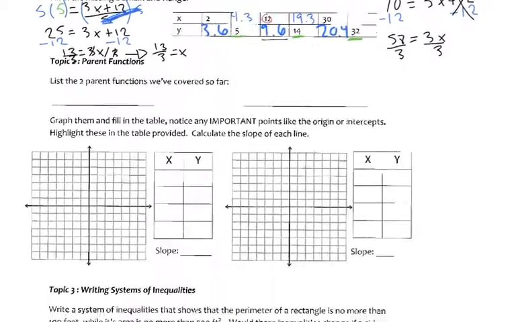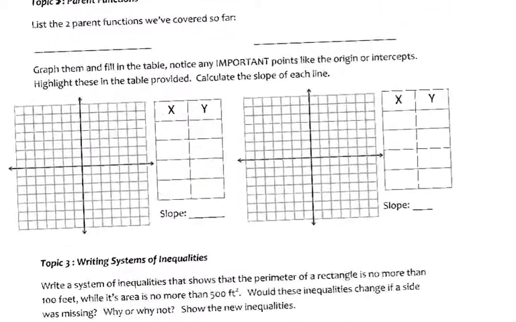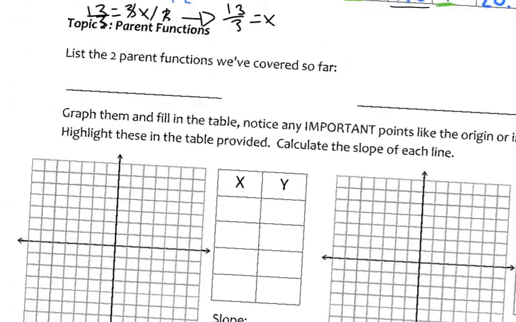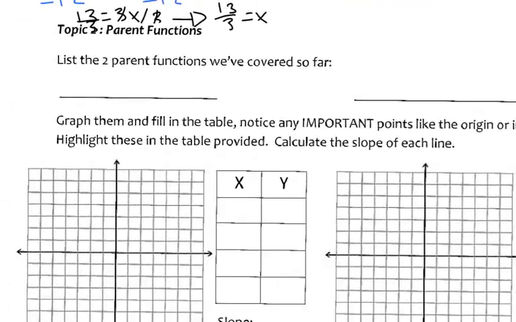Okay, now I'm going to go down to topic 2, parent functions. List the 2 parent functions we've covered so far. So one of them is linear. And the function for that is y equals x.